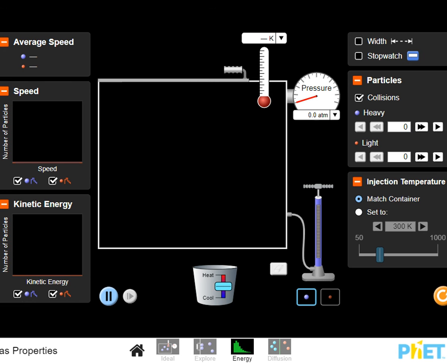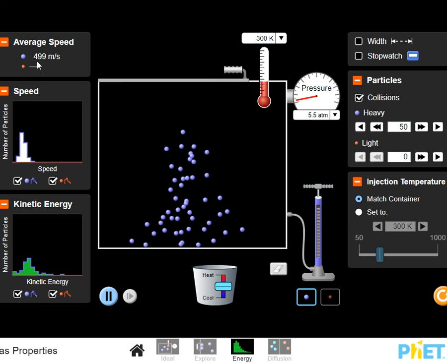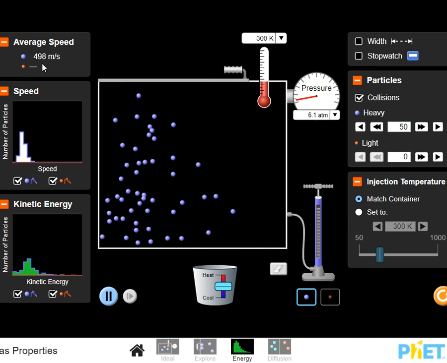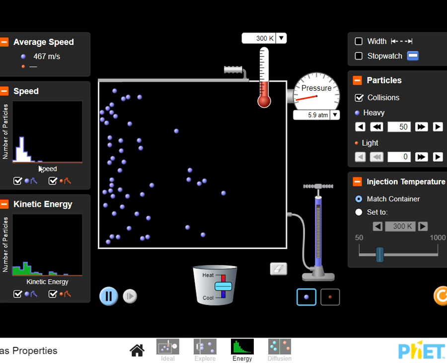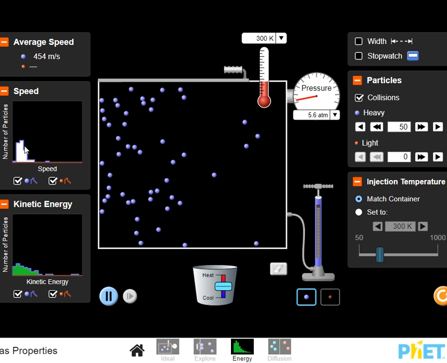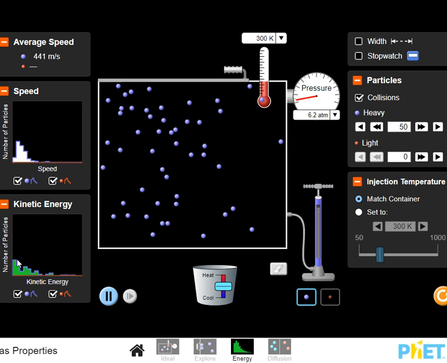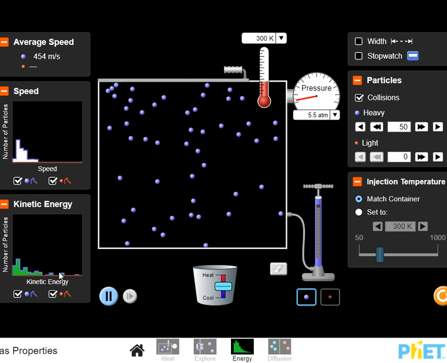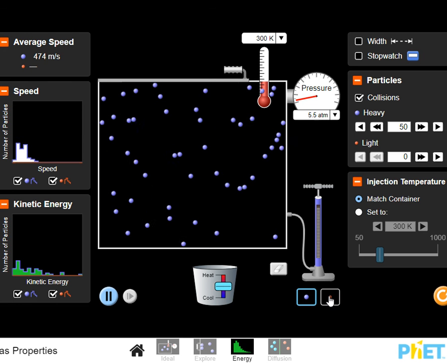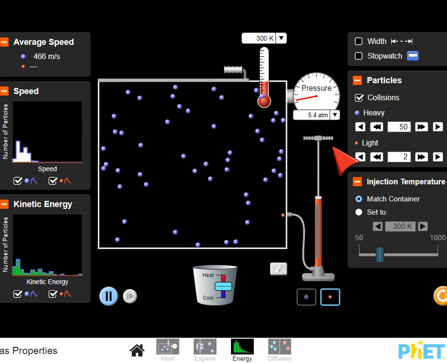And then the question says, how is kinetic energy different in smaller particles? How does the speed compare between lighter and heavier particles? Well, first, let's get some heavier particles in there. Notice this average speed is like 500 meters per second, about that much. You can see in the graphs, the speed kind of fluctuates. The kinetic energy. All right, let's add some of the lighter particles so that we can compare.